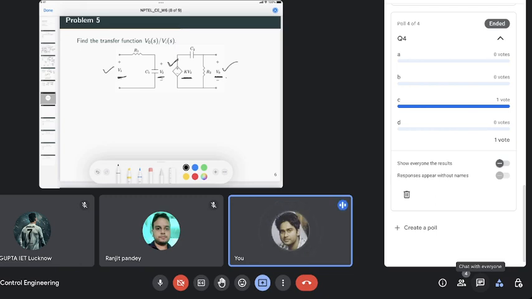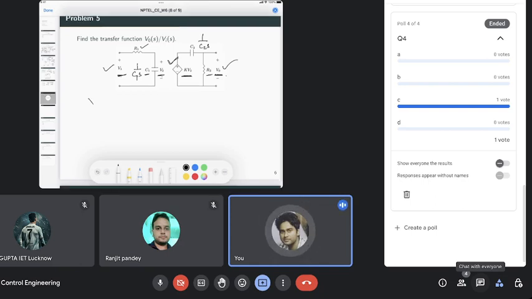So just the voltage division rule. First, in the frequency response, this will be R1 and this will be 1 by C1s, and this term will be 1 by C2s, the impedance in the Laplace domain. This will be R2 only, so you know this. Then V2 will be just by the voltage division rule: you find the voltage around this point, which is the voltage across this multiplied by the summation of these two impedances.